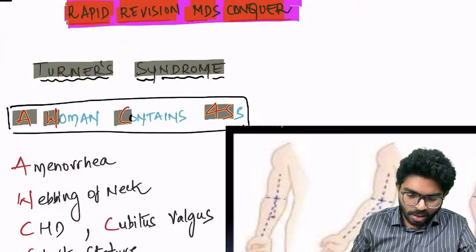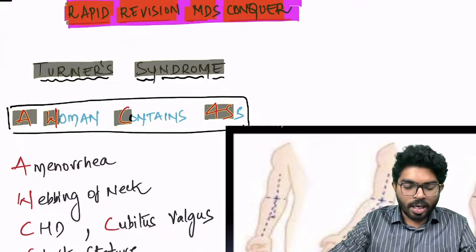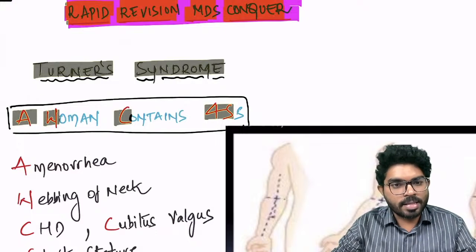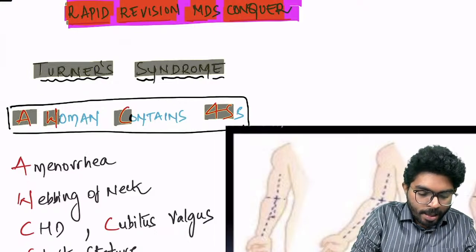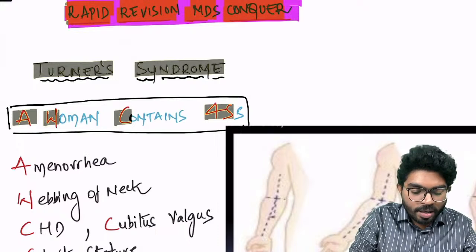These are the most important features where the questions are going to come from. The code for this is: a woman contains 4 S's. A for aneurysm, and W for web of neck.